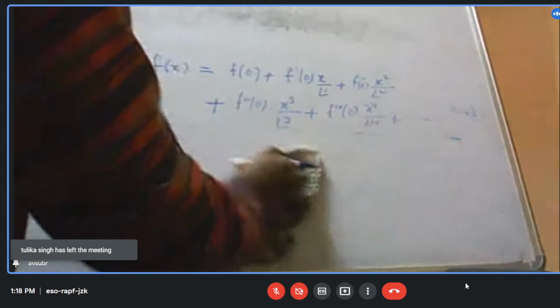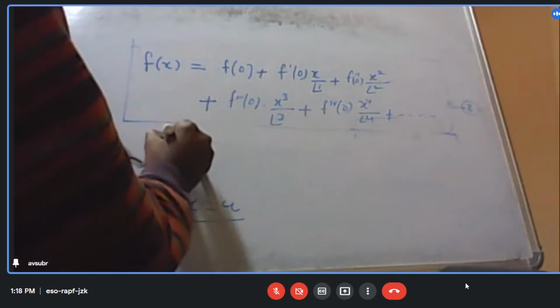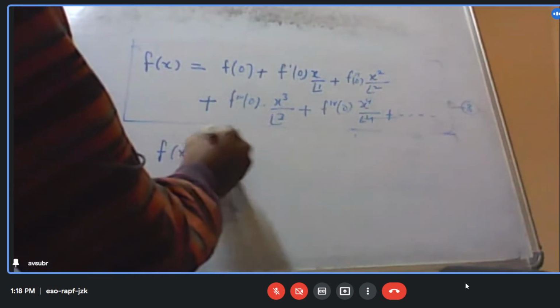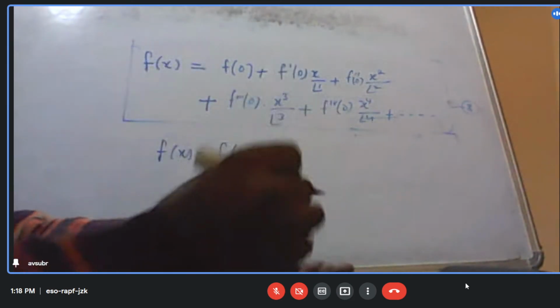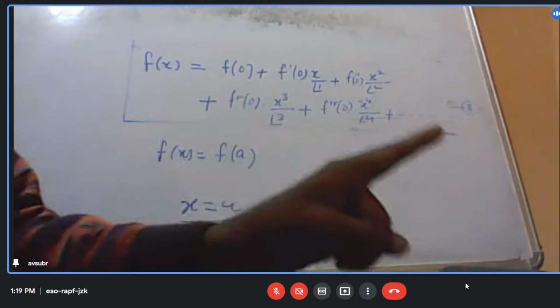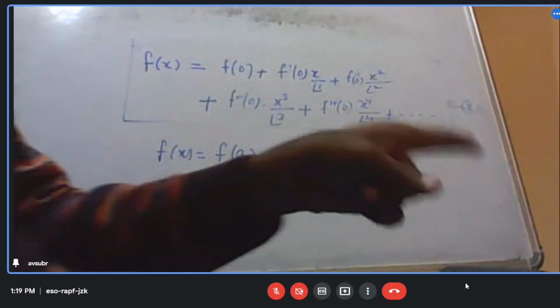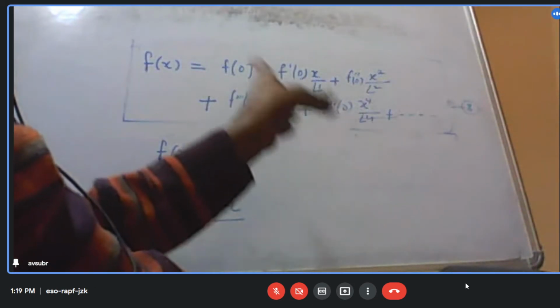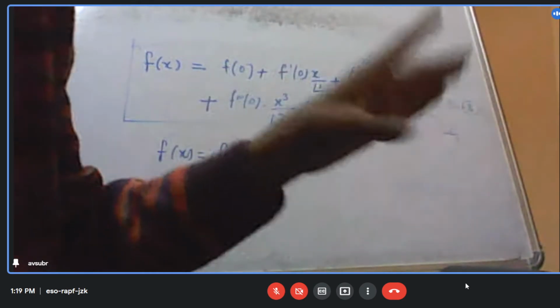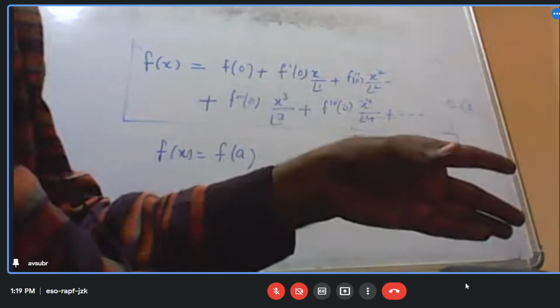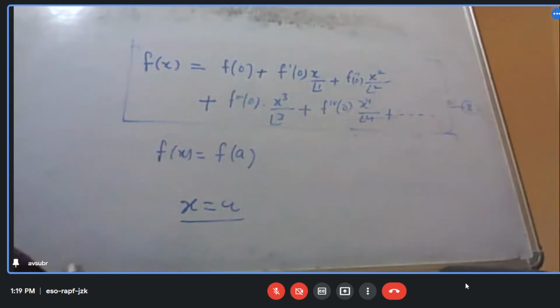The same series will look like this. Doesn't matter, it is the same thing. f equal to f at a. Now initially we supposed the cos x value. In the previous example we took x equal to 0, where the value of cos we know. This point we know, and all other points I do not have any information about.